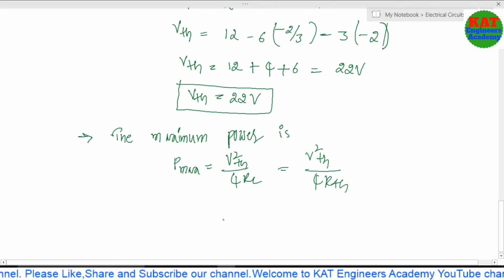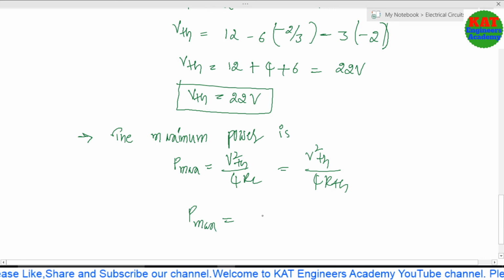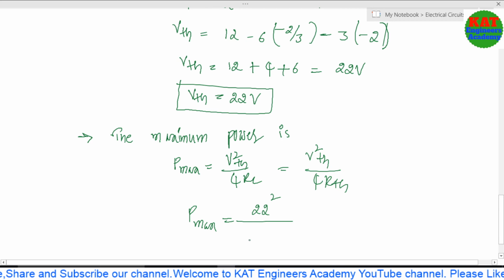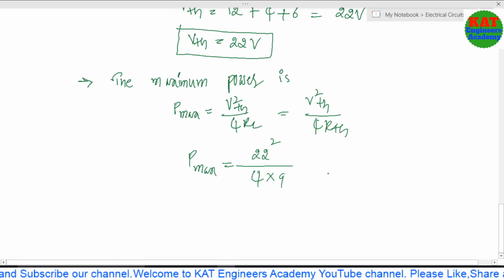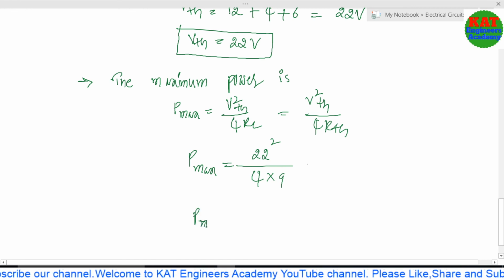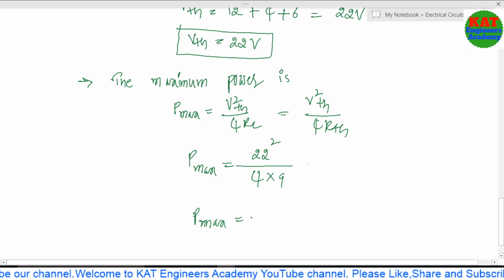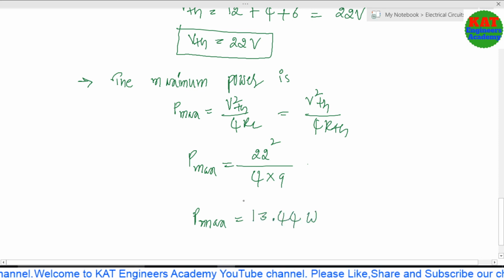So finally VTH is 22 squared by 4 RTH. So 4 into 9. So finally the answer is P max equal to 13.44 watts.